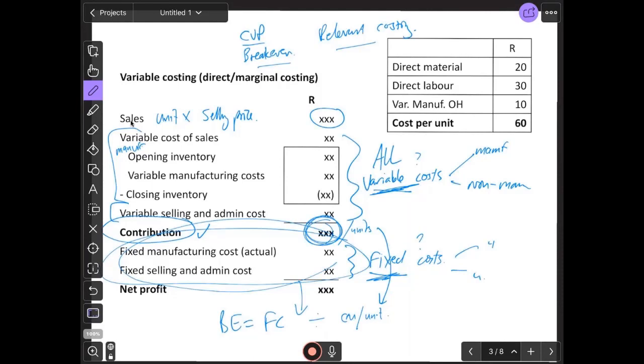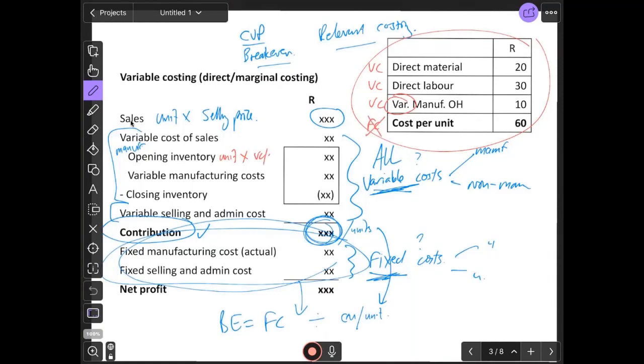And another difference then is the way we value the inventory. So the units are the same as absorption costing. It's the same physical units in the storeroom, but we multiply it now by only the variable costs. You can see it's only variable costs, direct material, direct labor, variable manufacturing overheads. So we don't have any fixed costs in there.